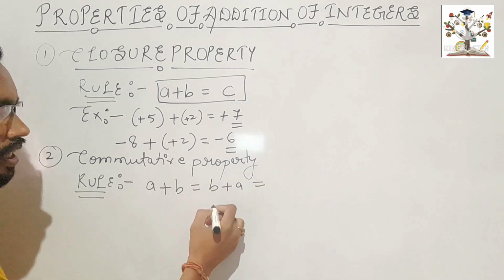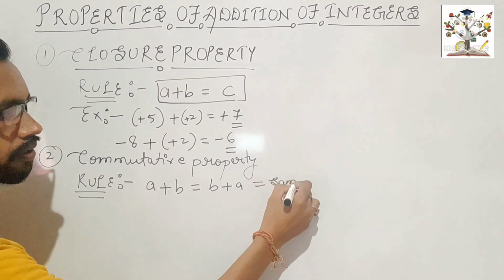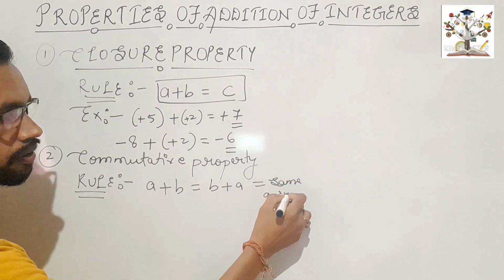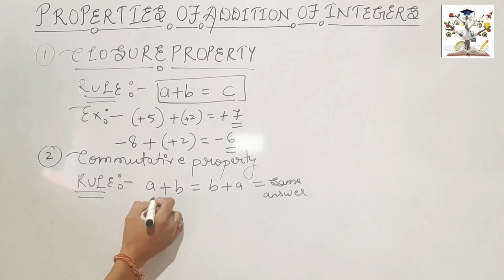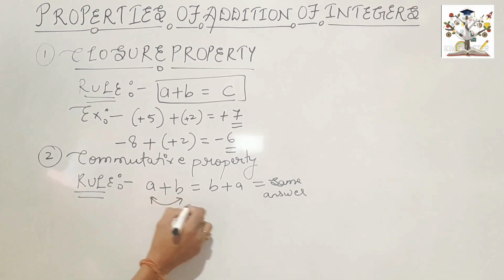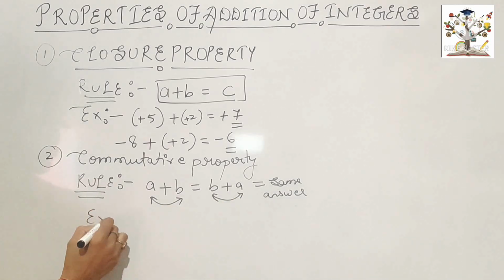The answer will be the same, because whatever I'm adding, the addition will be the same for both conditions. Whether I change the places of these two integers, the answer will be the same.